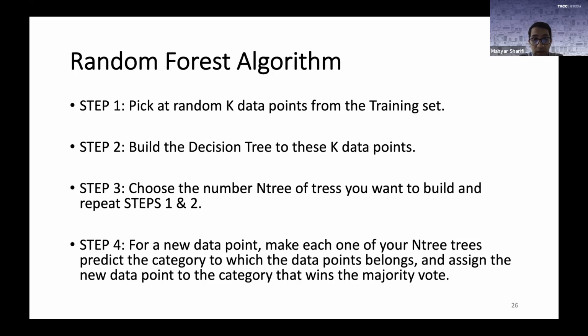We repeat this for n number of trees. If you repeat this 20 times, you will end up with 20 different decision trees. In the last step, for any new data point, you make each of these trees predict the category to which the data belongs, and then assign that new data point to the category that wins the majority vote.